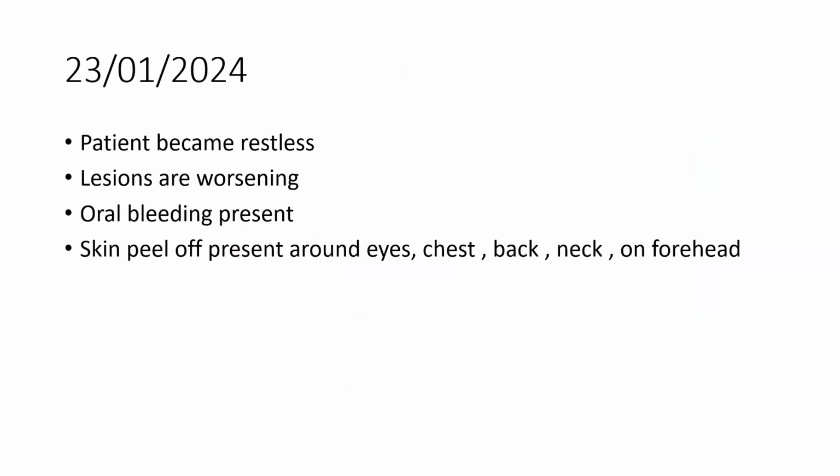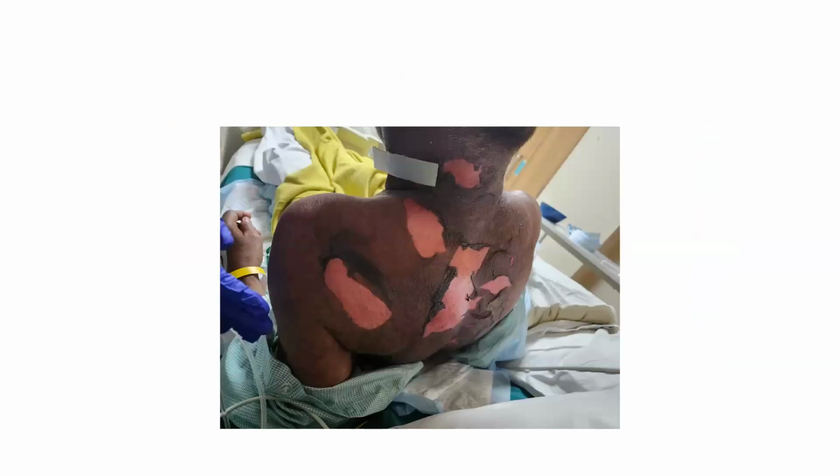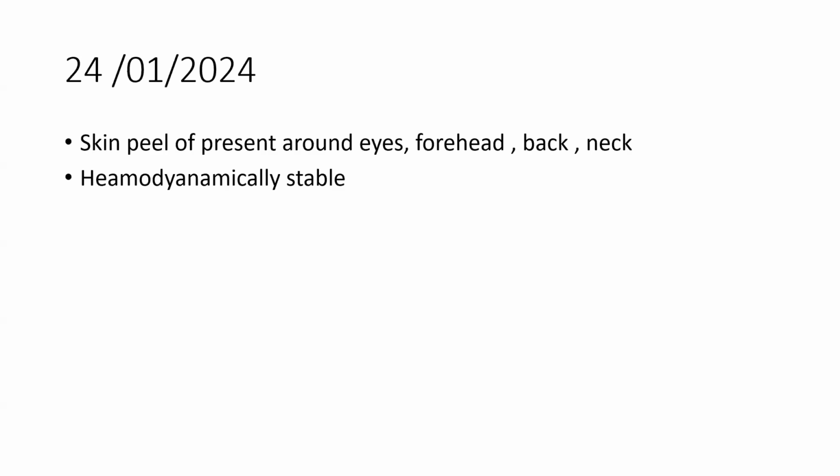On 23rd of January, the patient became restless, lesions were worsening, oral bleeding was present, and skin peel-off was present around the eyes, cheek, back, neck, and forehead. This was the sloughing of the skin. We started this patient on IVIG.